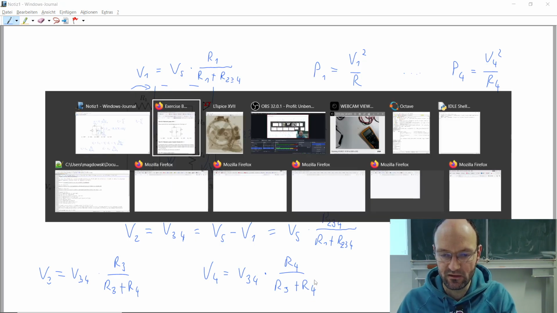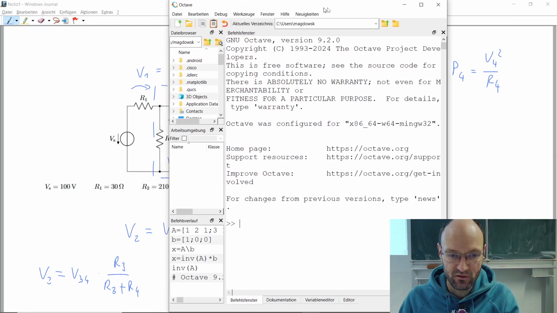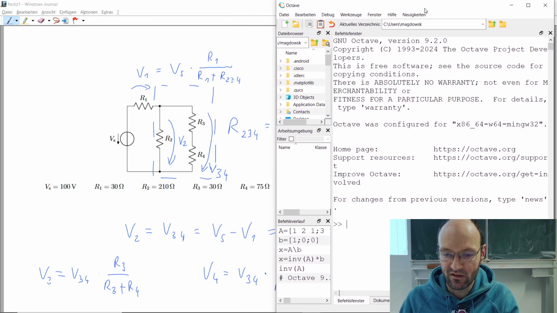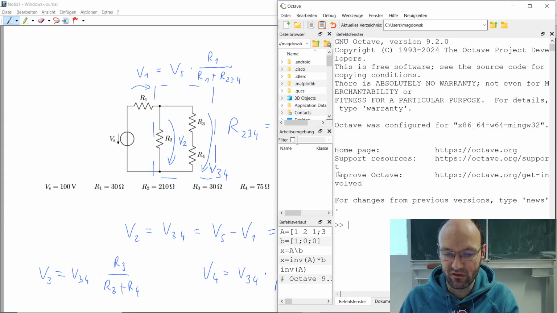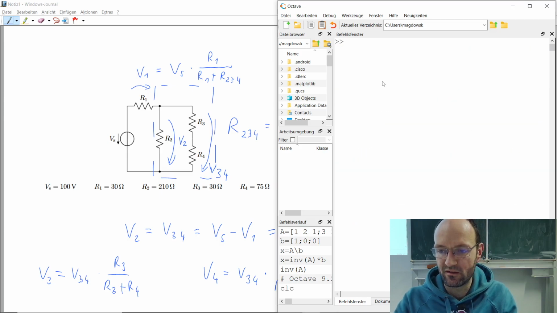Okay, so then let's go to Octave and try to put in all the equations there, because this is, let's say, my favorite calculating tool. This is also something that you will have available in the exam. So I will clear all the stuff that is there before, and we need to insert all the values.